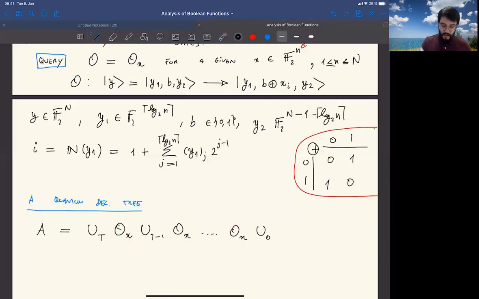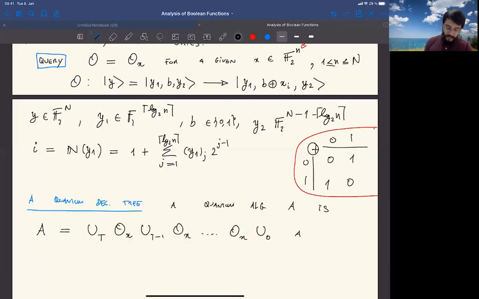So a quantum algorithm A is this thing, or a quantum decision tree, if you like.